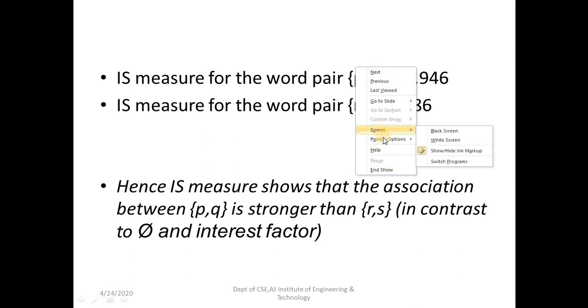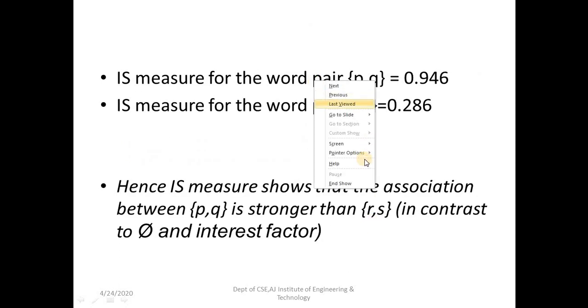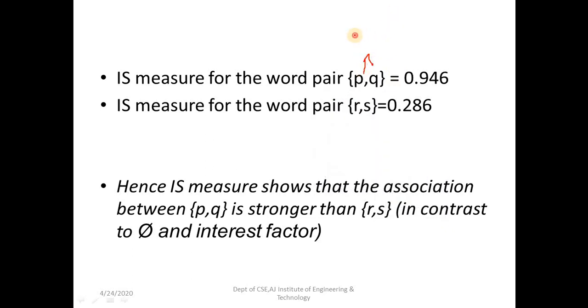By applying the formula, f11 divided by the square root of f1+ into f+1, we get the IS measure for p, q: f11 is 880, divided by the square root of f1+, which is 930, into f+1, which is also 930. If you solve this equation, you will get this answer.